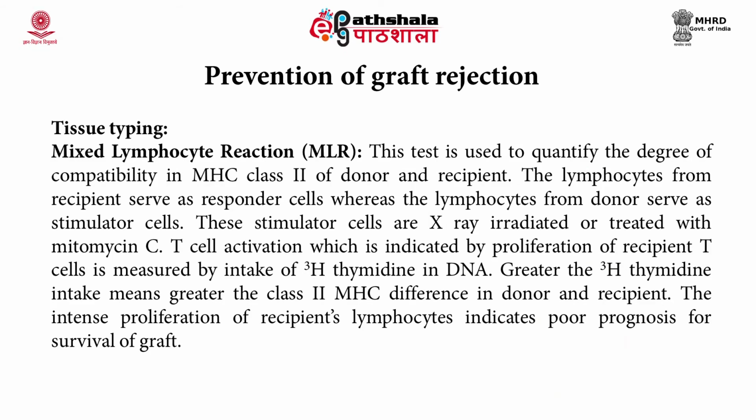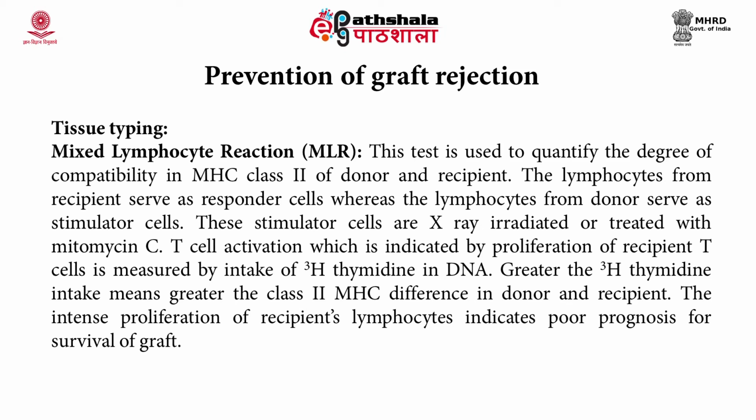Yet another mechanism is the mixed lymphocyte reaction or MLR. This test is used to quantify the degree of compatibility in MHC class II of donor and recipient. The lymphocytes from the recipient serve as responder cells, whereas the lymphocytes from the donor serve as stimulator cells.